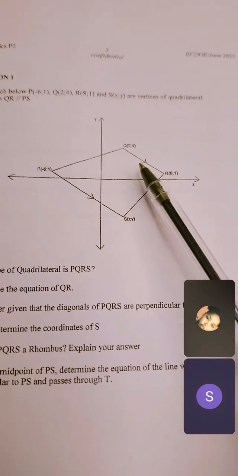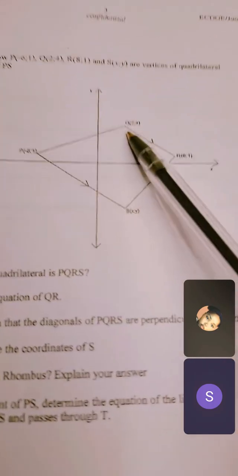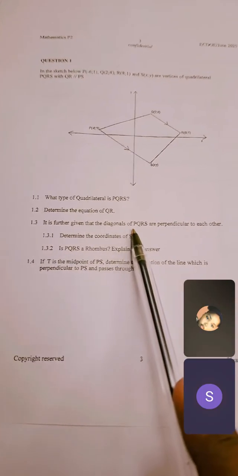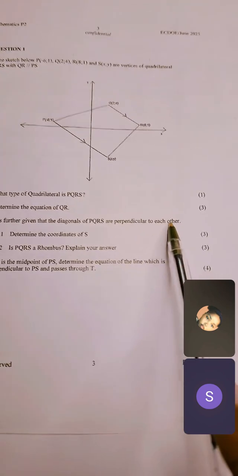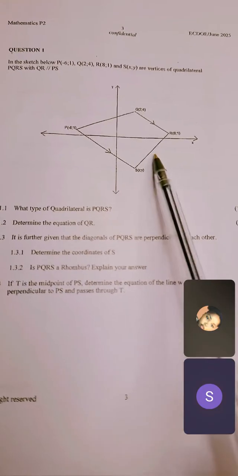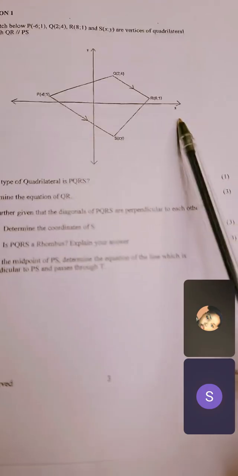So I think what we can do with what you've said, we can definitely utilize the fact that the product of gradients works, because we're further given that the diagonals of PQRS are perpendicular to each other. Remember, what did we just determine? We determined the equation of QR, not so long ago.